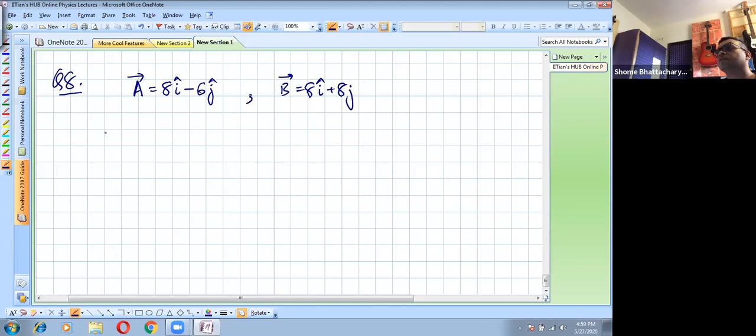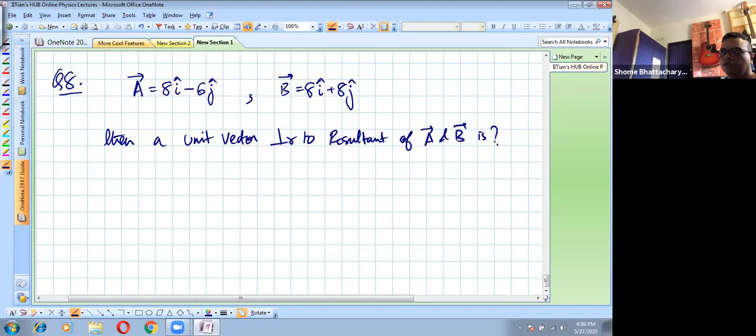And then the question is asking, then a unit vector perpendicular to the resultant of A and B is which one? Okay. So this is a question we'll have to do backwards from the options.